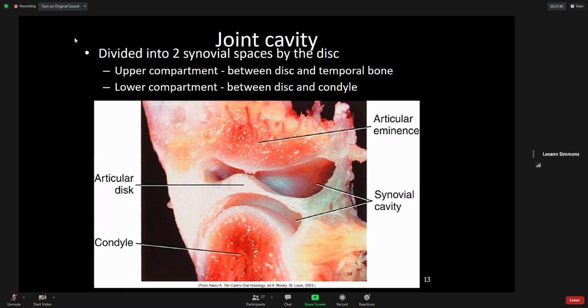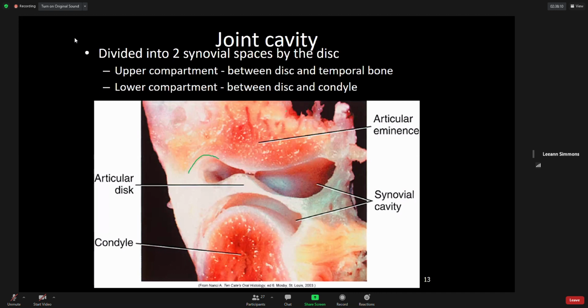And you can see how it lies between the articular surface of the condyle and, well, here it's up toward the articular eminence. It's not within the fossa. This jaw is open to take this image. The fossa would be posterior here. Here would be the fossa region.